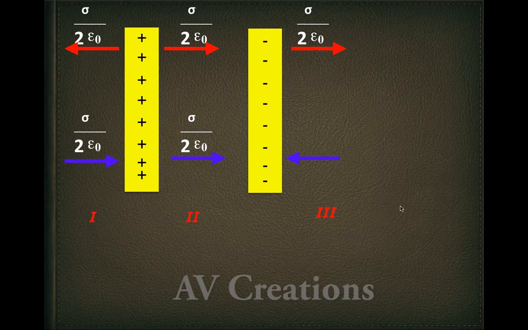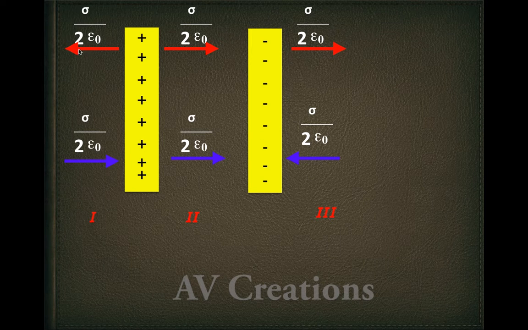In region 3 also there will be an electric field, in the opposite direction, sigma by 2 epsilon 0, because the field will always be towards negative charge.